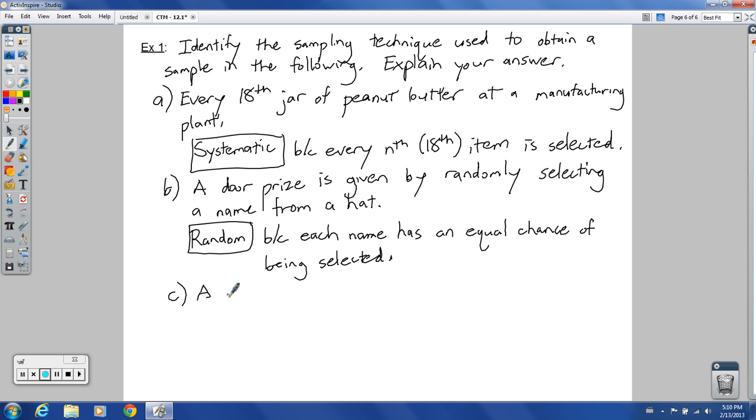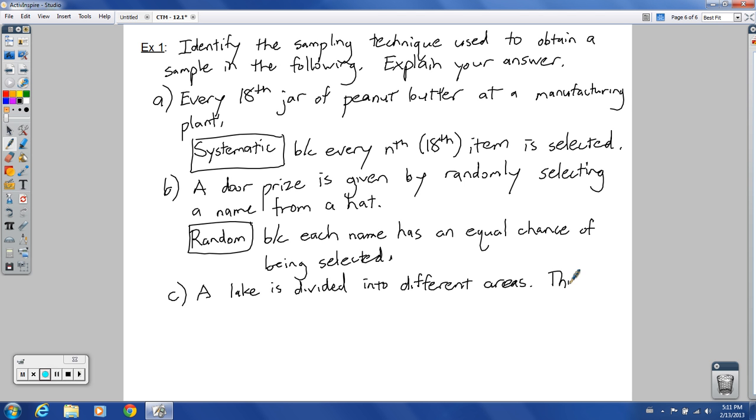Part C. How about this? A lake is divided into different areas. And just based off of that sentence, you might be leaning one way with your answer for this question.